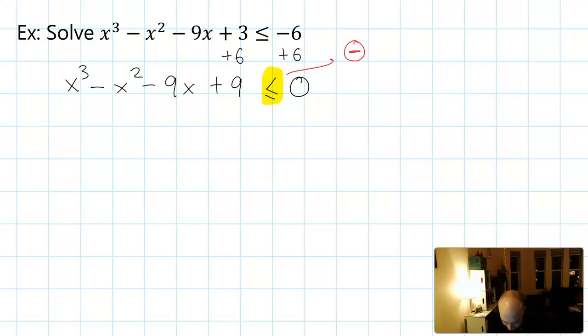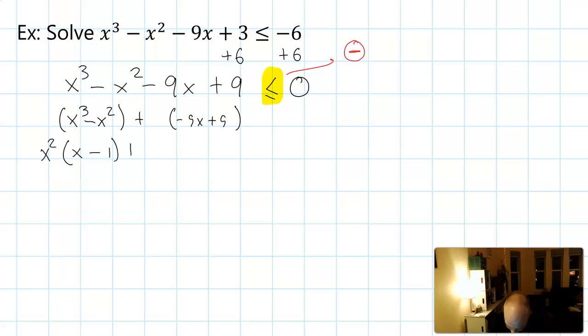So this is a cubic with 4 terms, so it feels like factoring by grouping will be pretty nice. So I can group these two together. I'm going to put that minus 9x plus 9 in its own parentheses, and then the next grouping step, we group out an x squared, and that gives us an x minus 1, and then plus, and here I'll group out a negative 9, leaving me with x minus 1.